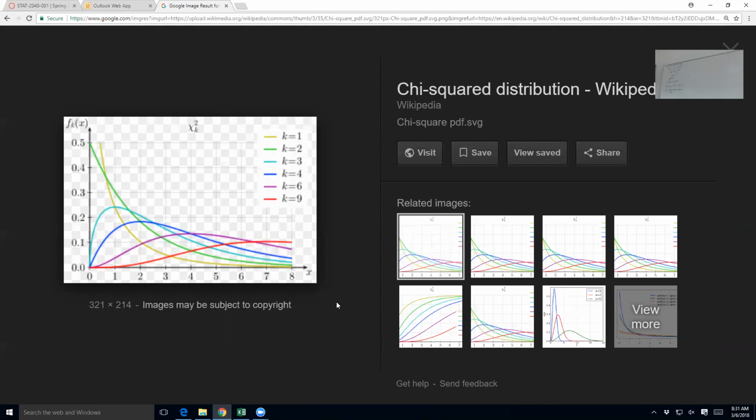Okay? So especially when you have small degrees of freedom, this shape really changes a lot. Not even close to symmetric. So just kind of keep that in mind. Because of that, let's talk a little bit about some requirements here.